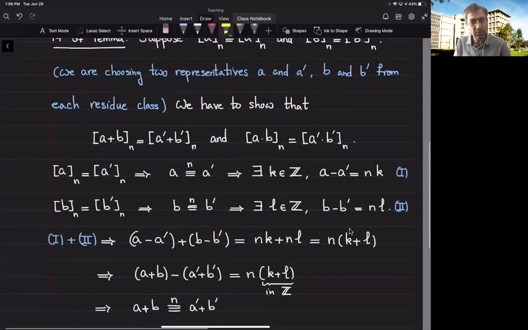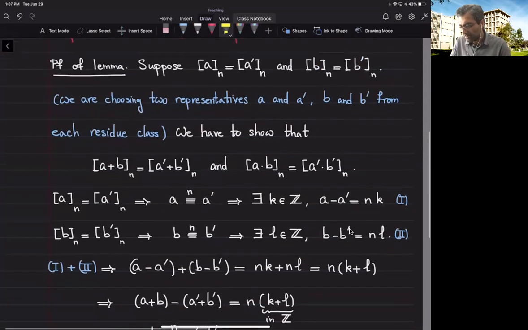Okay, so these are the equalities that we want to prove. We want to prove that under these assumptions, if A and A prime, and B and B prime, represent the same residue classes, then A plus B and A prime plus B prime, and A times B and A prime times B prime, represent the same residue classes.